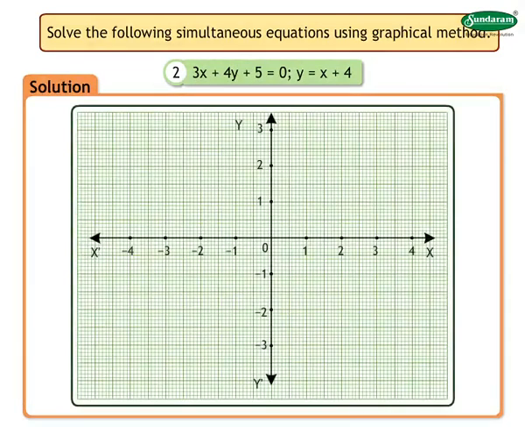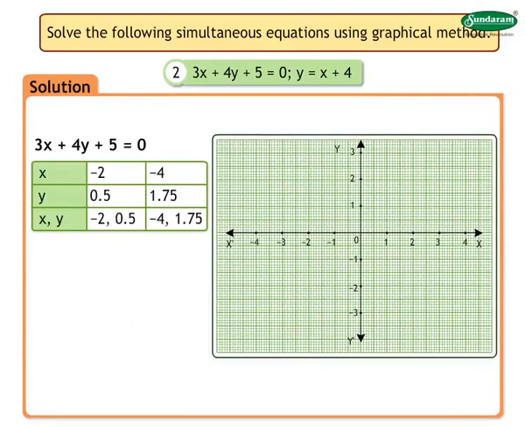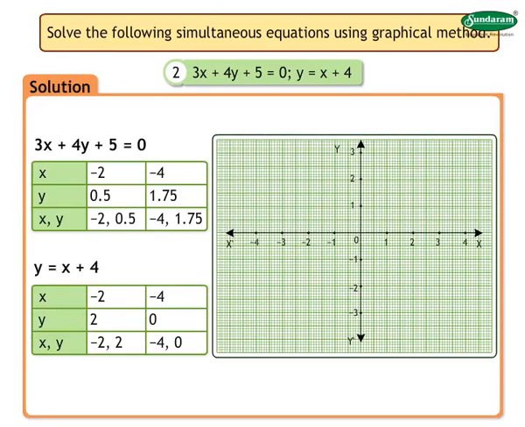Solution. To draw the graphs of the two given equations, we find two solutions of each equation and make the tables as given. Now, plot the points (-2, 0.5) and (4, 1.75) and join them to get the graph of the line y is equal to x plus 4.